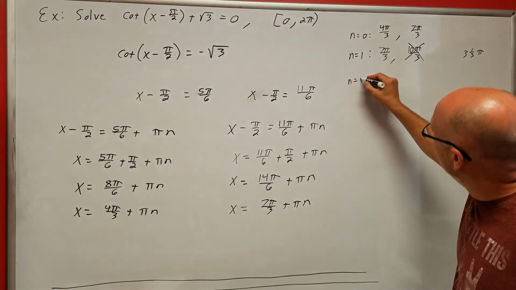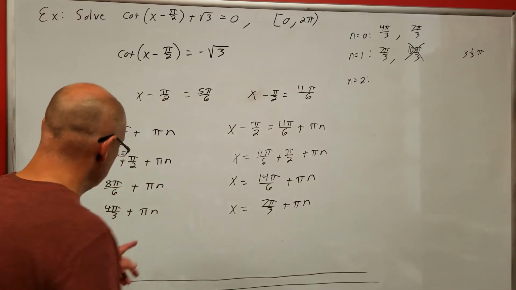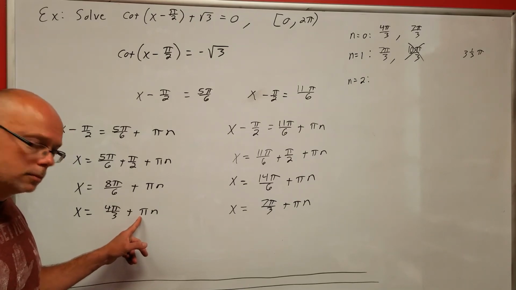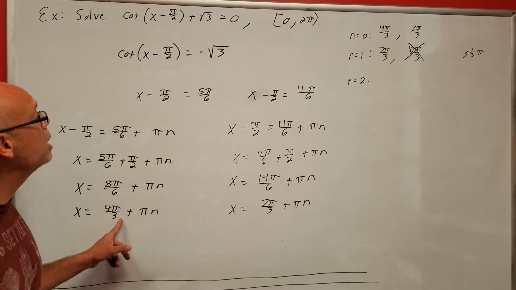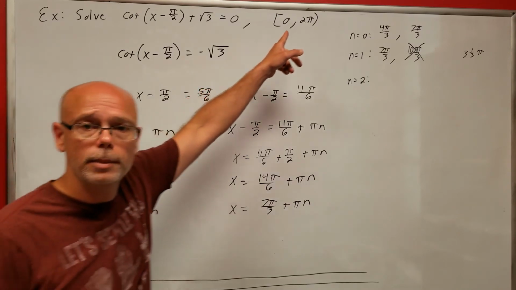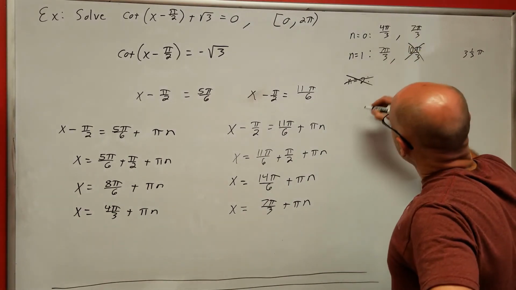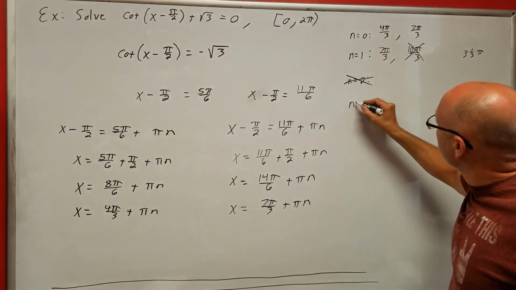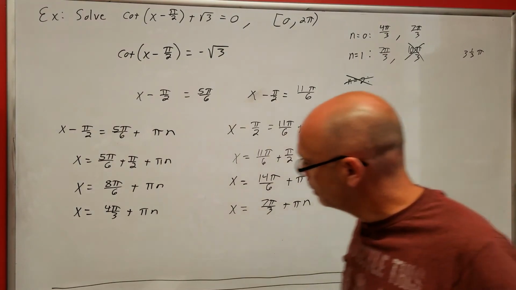Let's just make sure. What about when n is equal to 2? Think about this for a second. If n is 2, I have 2 pi, and I'm adding some positive value to it, so I'm going to be outside of the interval automatically because we only go up to 2 pi. We never really considered a -1 or a -2. What about when n is -1?